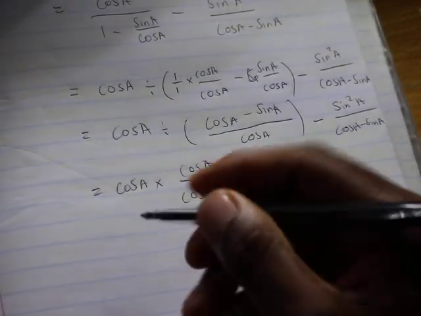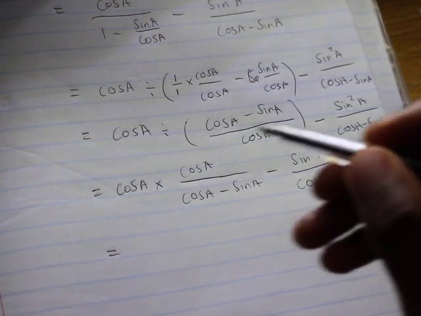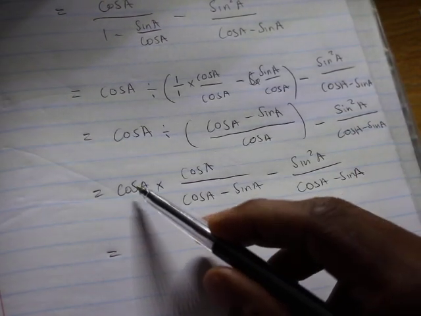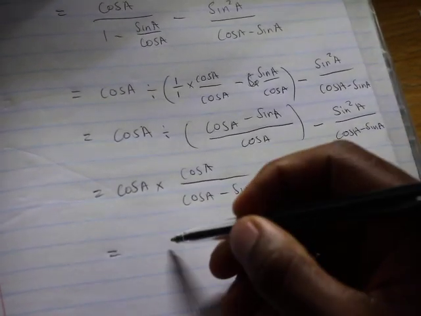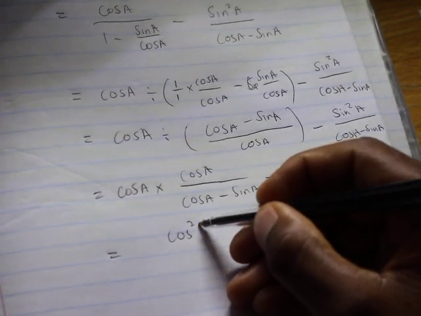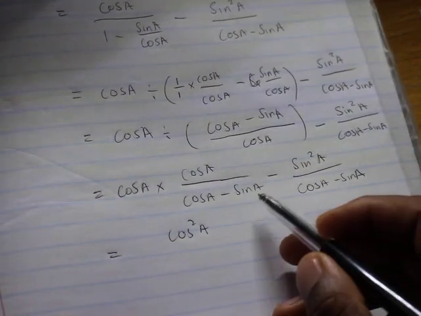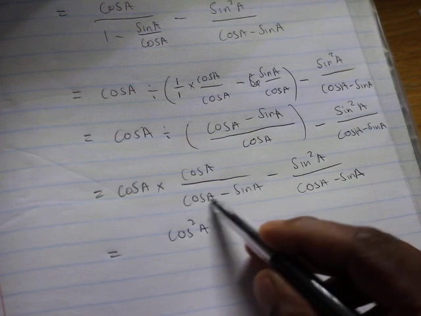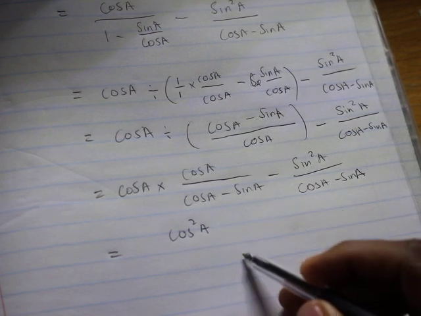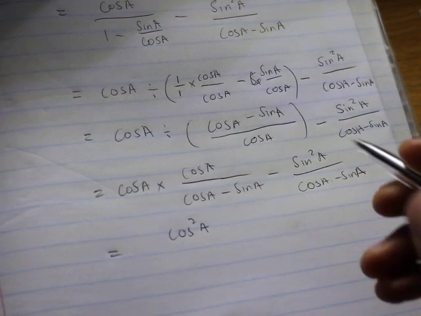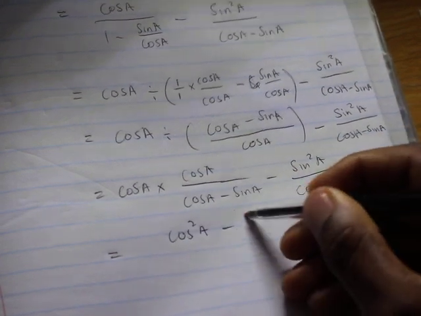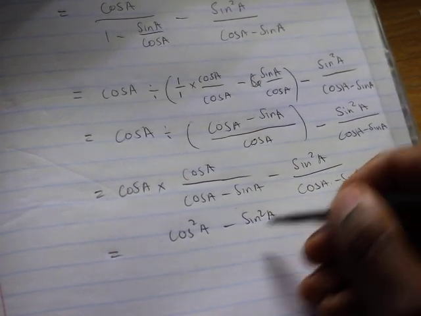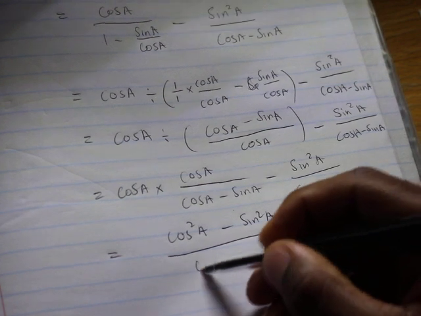Okay, so obviously this and that are going to give you what? Cos squared A, and we already have the same denominator as that. So cos squared A minus sine squared A divided by what?